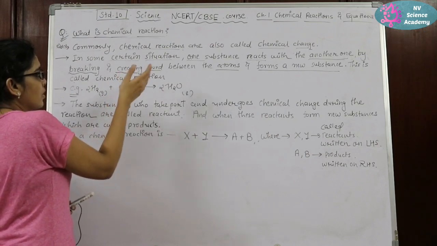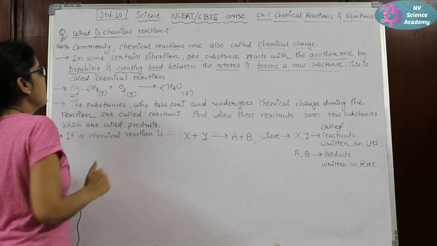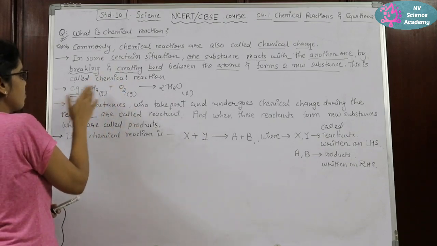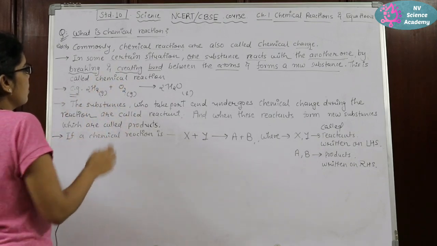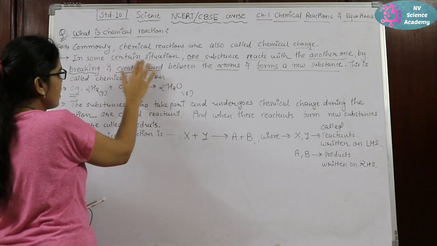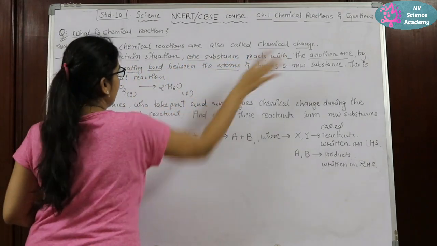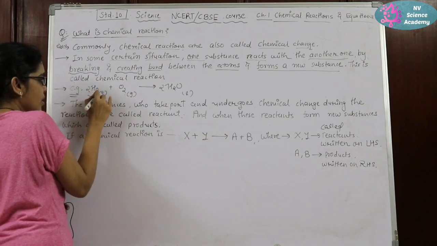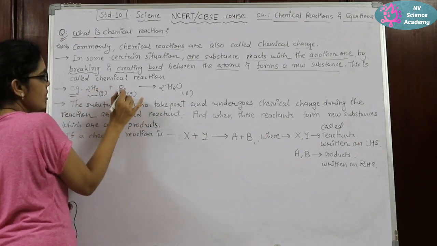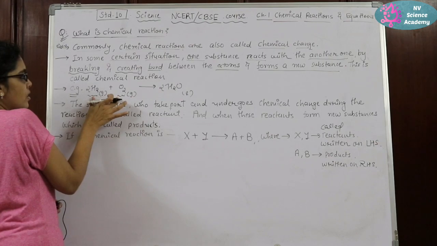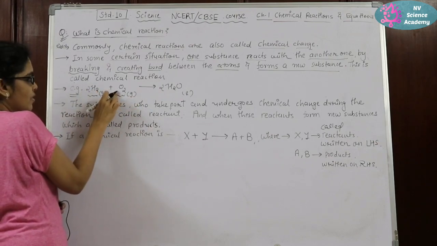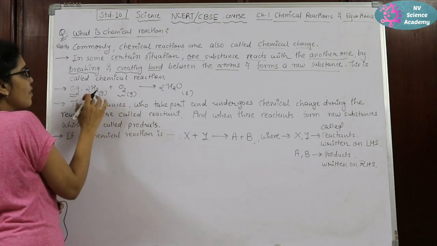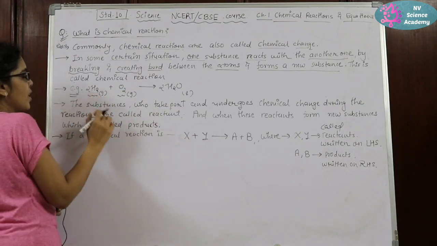Now we will see this definition in an example. Firstly, in certain situations one substance reacts with another one. If one substance is hydrogen and the other is oxygen, in this reaction hydrogen reacts with oxygen by breaking and creating bonds. Where will bonds break in this reaction?